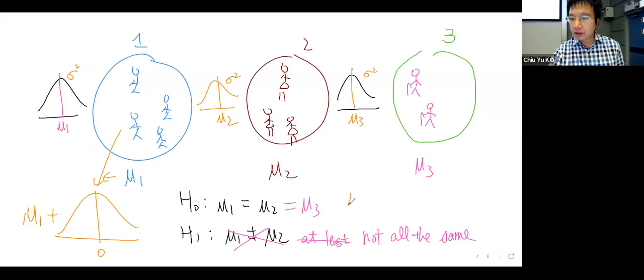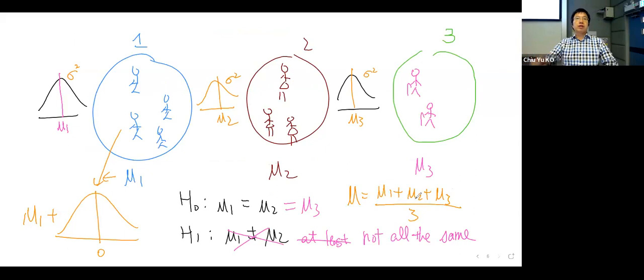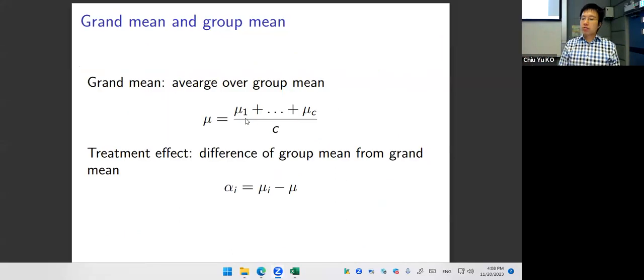The overall mean mu is just mu1 plus mu2 plus mu3 divided by 3. Is that clear? 3 groups of people, they each have their own mean, and we take the average of those. If you go back to the more complicated question, say we have 9 colleges, each college has its own mean. College 1, mu1, up to college 9, mu9. Add them up, divided by 9.